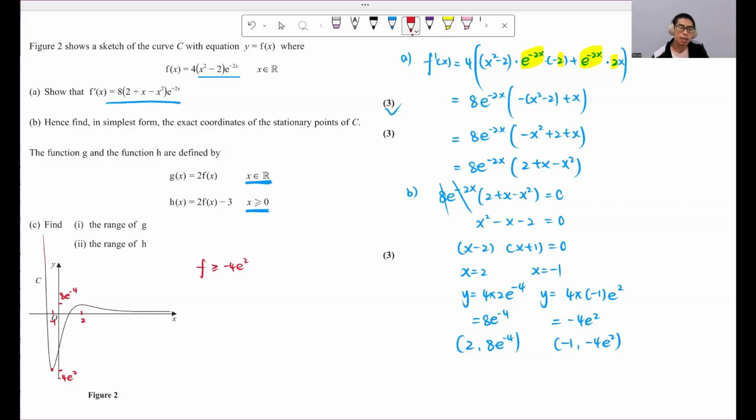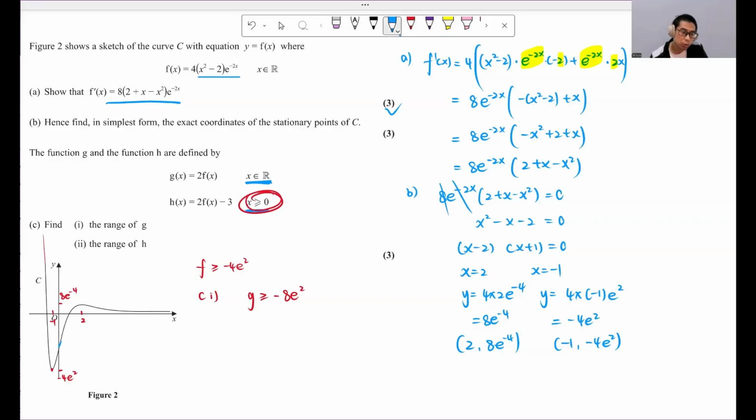So just anything which is more than or equal to negative 4e squared. Because g(x) is 2 lots of f(x), 2 means a vertical stretch. Whatever the y value is, we double it. Therefore, the range of g has to be g more than or equal to negative 8e squared. It's just double that of f. And then for the function h(x) equals 2f(x) minus 3, be careful, x can only be more than or equal to 0.